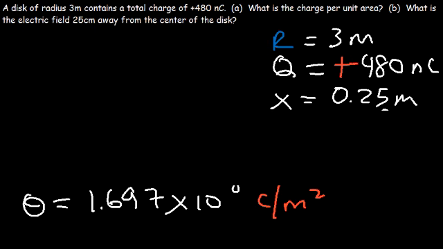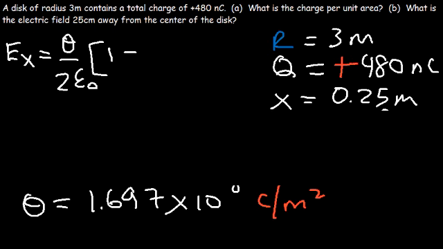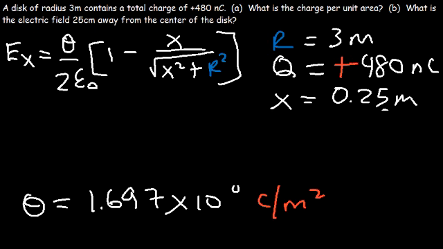We can use the equation that we came up with a few minutes ago, particularly this form. It's sigma divided by 2 epsilon sub naught times 1 minus x divided by the square root of x squared plus r squared. So now we just have to plug it in.